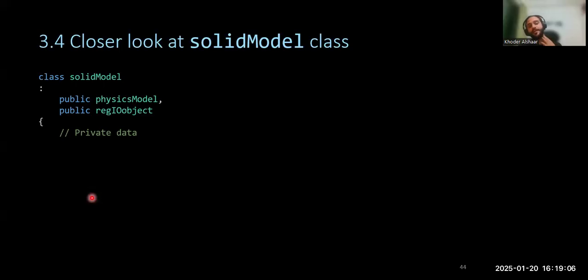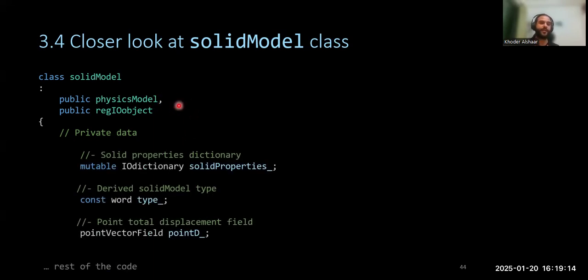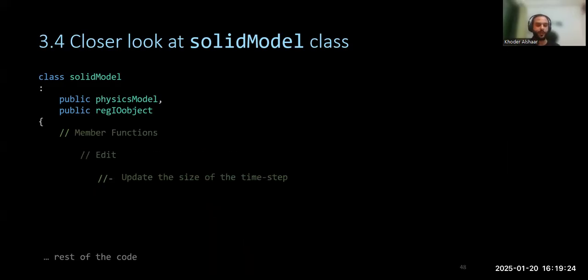So, a look at the solid model class that we will be using for developing our new solid model. We see that it inherits the physics model, and obviously it has its own private data, some dictionaries, some fields like point displacement that we will use later on.